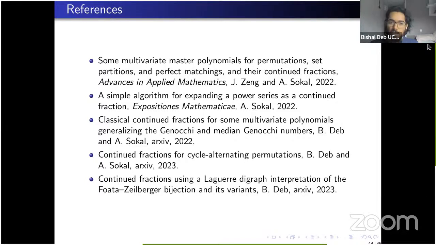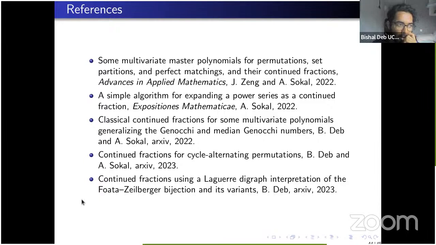There are some classical bijections, and our work is built on those, in particular 2 bijections. There is the Foata-Zeilberger bijection, which is in one of my recent arXiv preprints, and there is something called the Biane bijection. Usually when you want to do cycle counting, people mostly use the Biane bijection because you have Laguerre diagrams coming up and then you can see how the cycles are built.